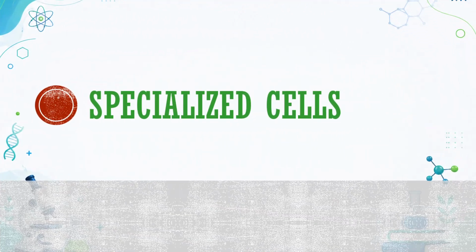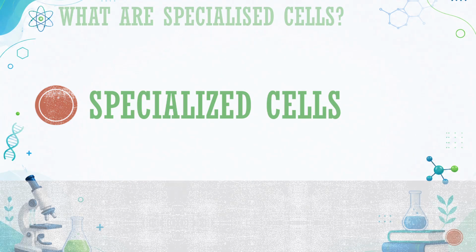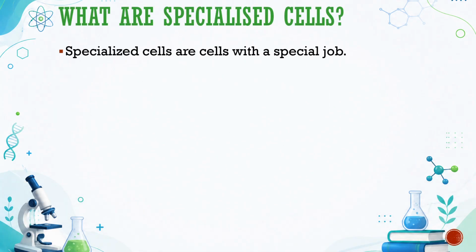Let's move to the next one, that is specialized cells. Now, the plant and animal cells we talked about are like generic plant and animal cells, how they look, what their functions are, and what their parts are. Now, specialized cells are basically the cells which perform a specific job.